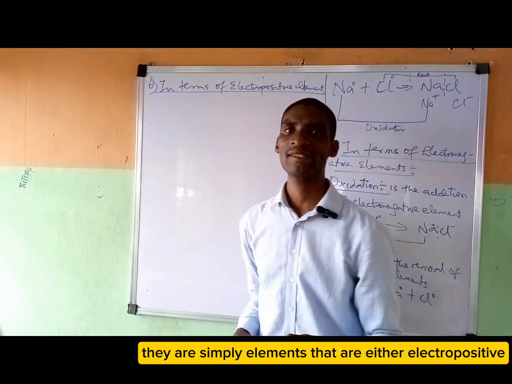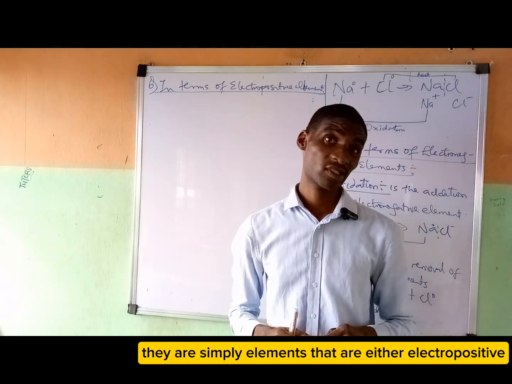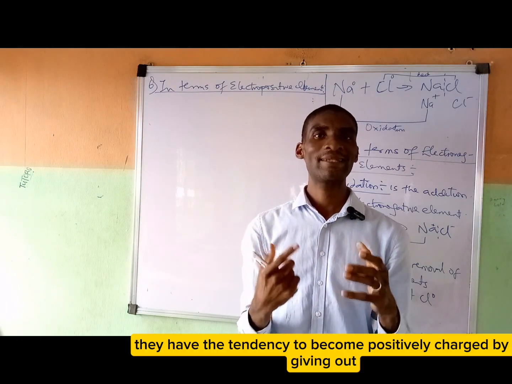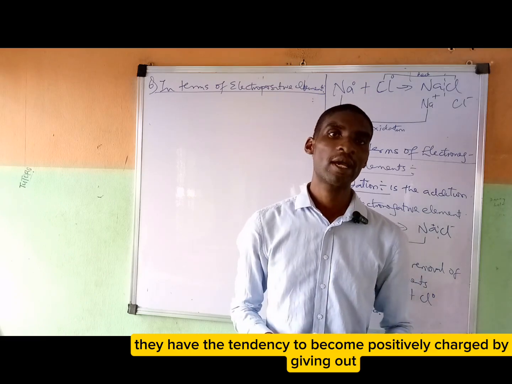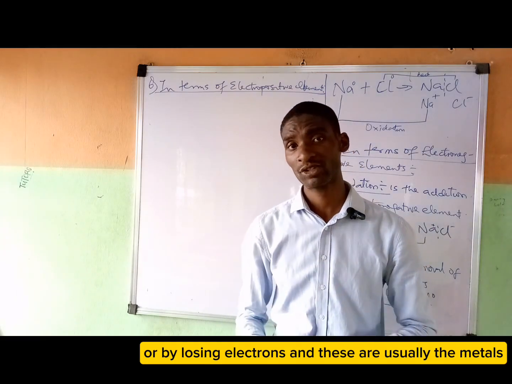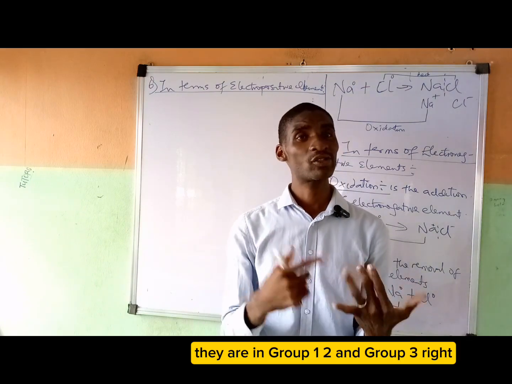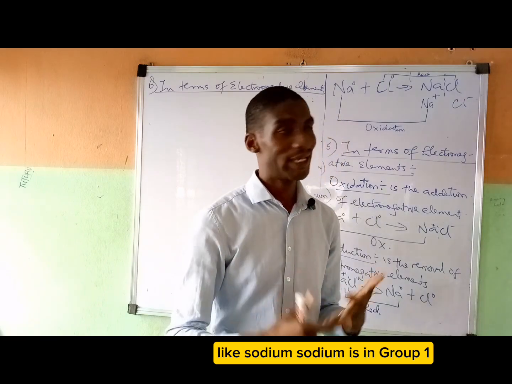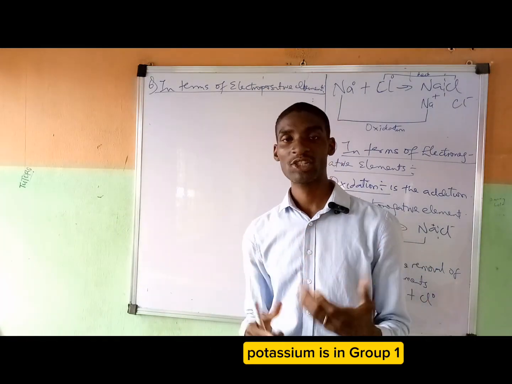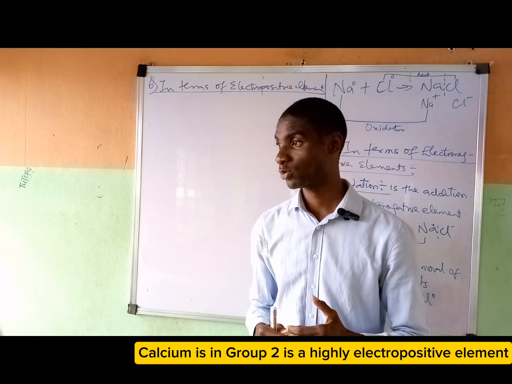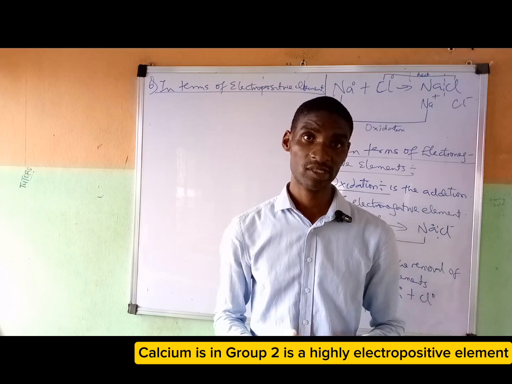They are simply elements that are highly electropositive. That is, they have the tendency to become positively charged by giving out or losing electrons. And these are usually the metals. They are in group 1, 2, and group 3. Like sodium is in group 1, potassium is in group 1, calcium is in group 2. These are highly electropositive elements.